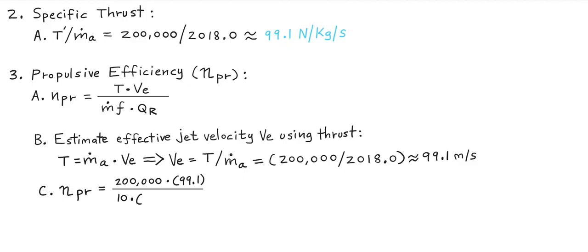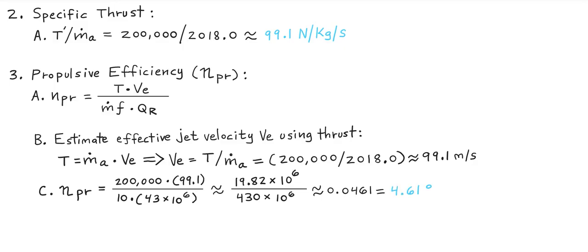Then we can apply it into the eta sub PR propulsive efficiency equation, and then yield the approximate value of 4.61% for the propulsive efficiency, inquiry number 3.